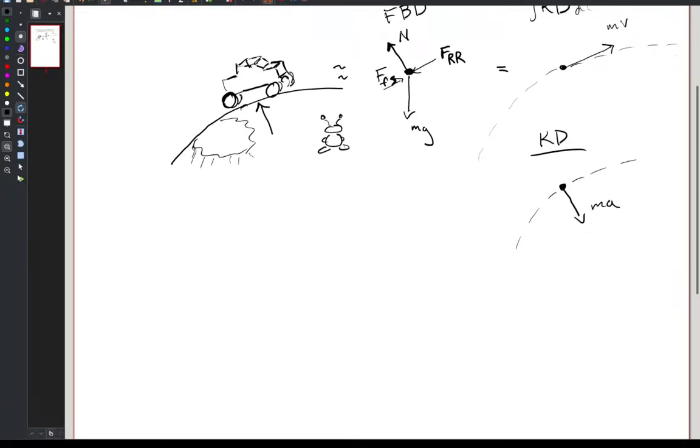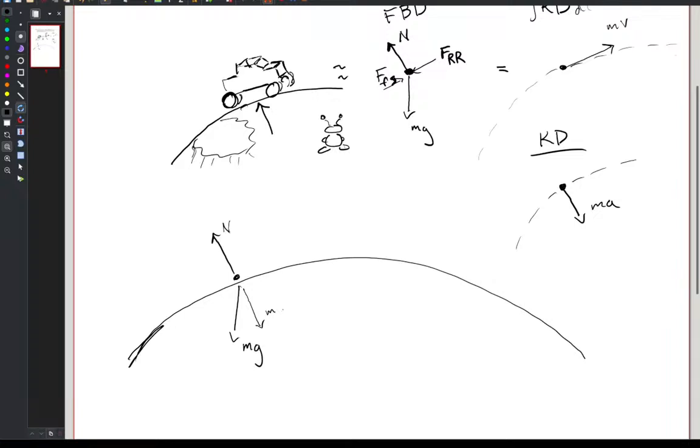So if I draw the hill, I've got N, and MA looks like that. And then N plus MG, those vectors equal MA.